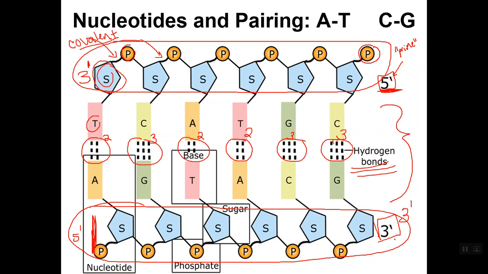And if you look at the numbers, you'll notice that they're opposite, right? The top right, where my cursor is now, 5', opposite of that is a 3 prime. It's not 5 and 5, it's 5 and 3. Same thing on the other side, it's 3 and 5.